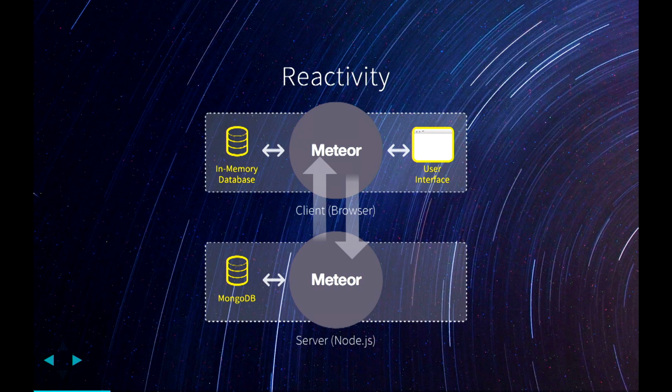What's more, if the client-side data changes, the data on the server can optionally also be updated. This is what we call reactivity, and that even extends to the UI. Any piece of UI that depends on your data will get updated at the same time. And by the way, all of this happens in real time.